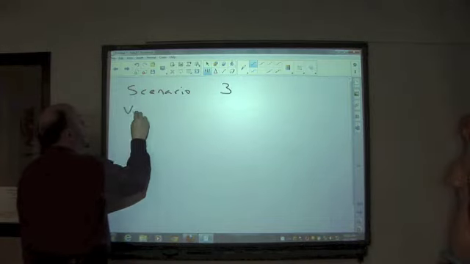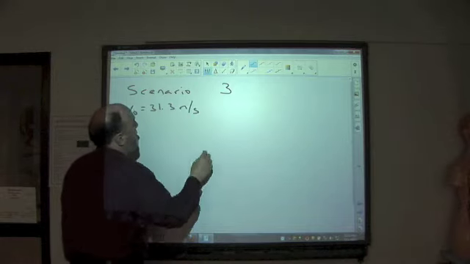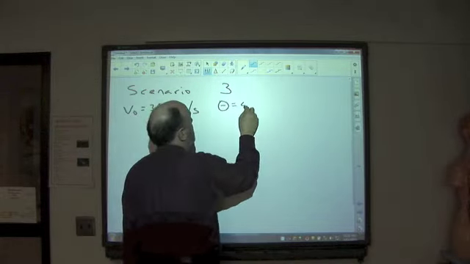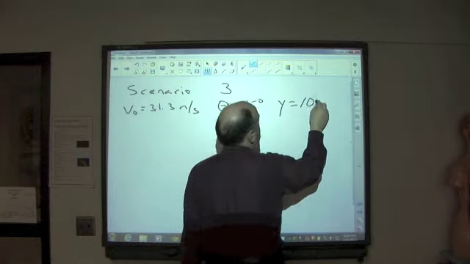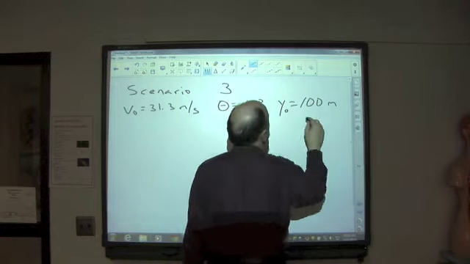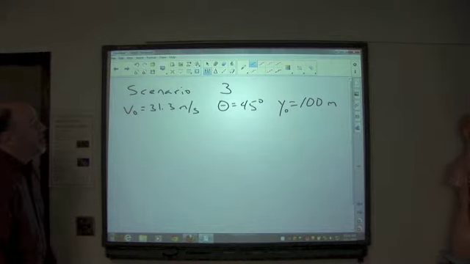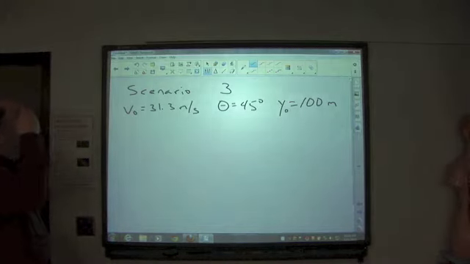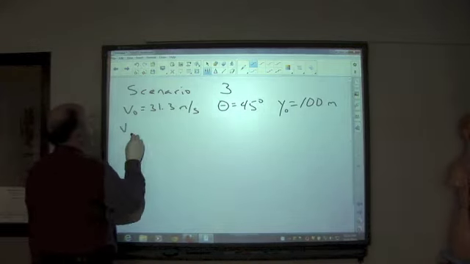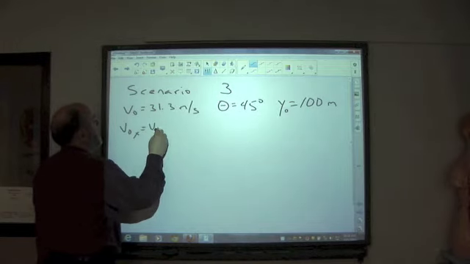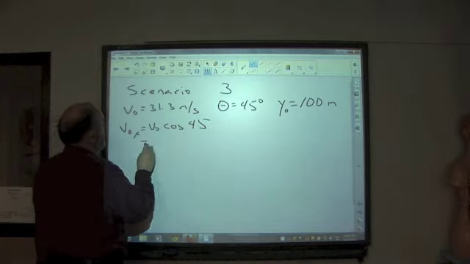So again, V naught is 31.3 meters per second. Theta is 45 degrees. And we start out at 100 meters above the ground. Right? Again, we need to know my x and y component of my velocity. And so we got V naught x is V naught cosine 45.